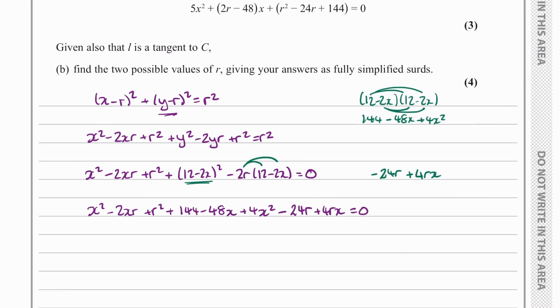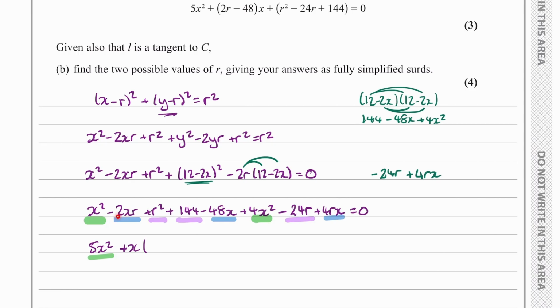Now we need to identify the like terms. So we've got our x squared terms, we've got the x terms, and we've got the constant terms. So 5x squared, we'll factor out the x from each of these x terms.